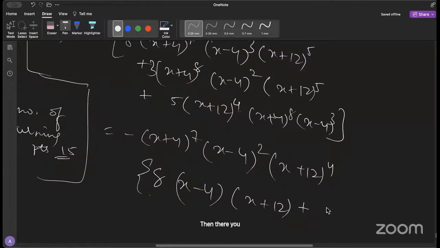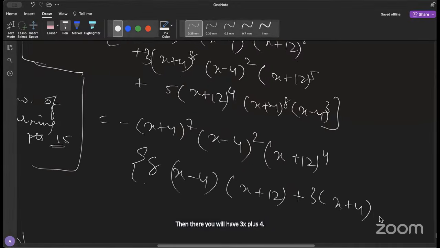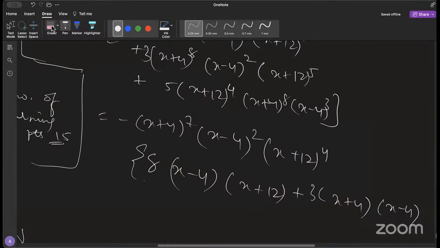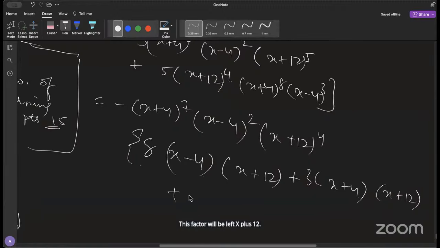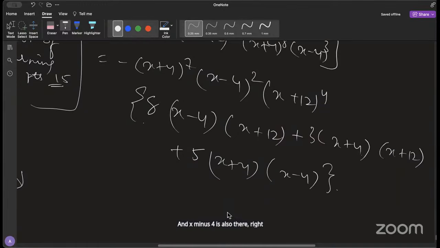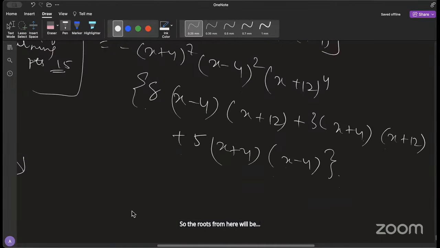Then here you will have 3 times (x plus 4) and (x minus 4). Then this factor will be left, (x plus 12), and then 5. This is taken common, and (x minus 4) is also there, right? So the roots from here will be 4.